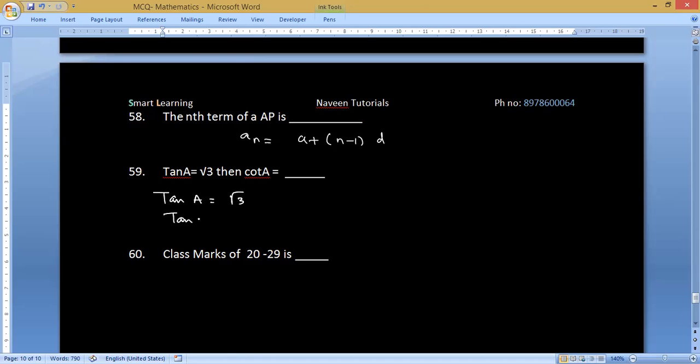In tan, where will we get √3? Tan 60 degrees. If I cancel tan and tan, then a is equal to 60 degrees. So cot a means cot 60. Cot 60 means 1 by root 3.